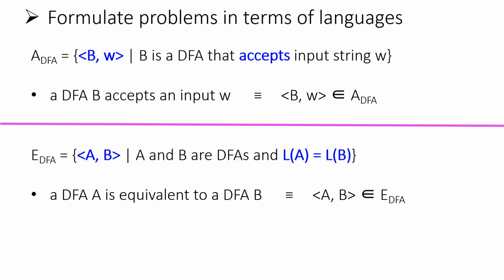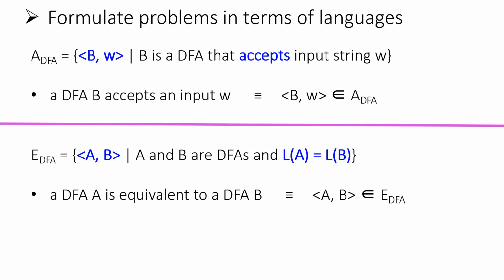For language problems, we only need to take care of two things. Is the input string in the language, or is it not in the language? Now we use two examples to show you the transition. In the first example, we want to know whether a DFA accepts an input string W or not.